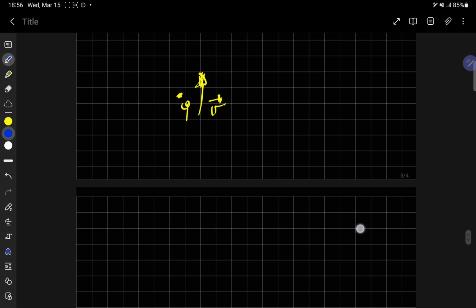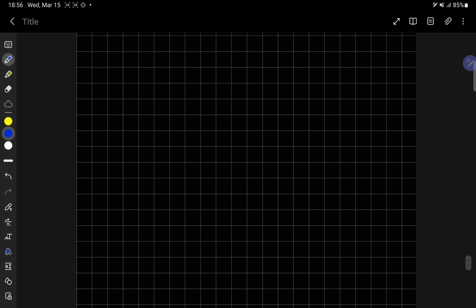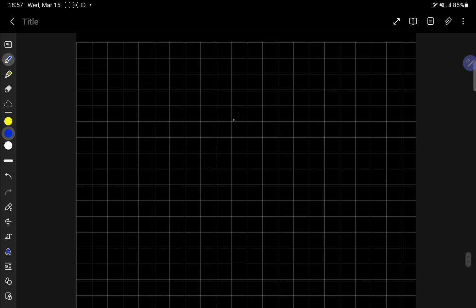Now let me try to explain how an electric motor works. Let me try to draw. Okay, let's pick another color.